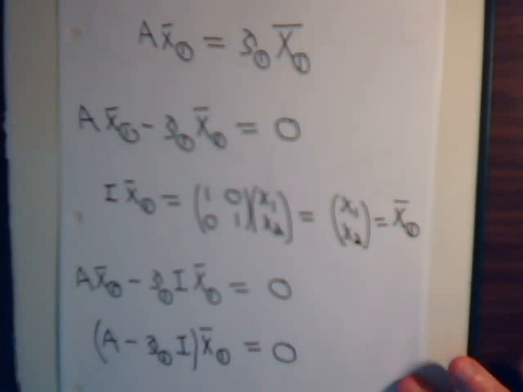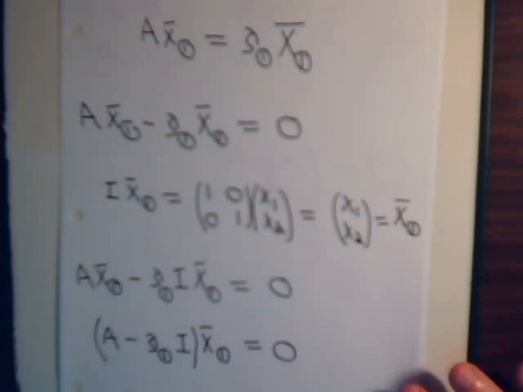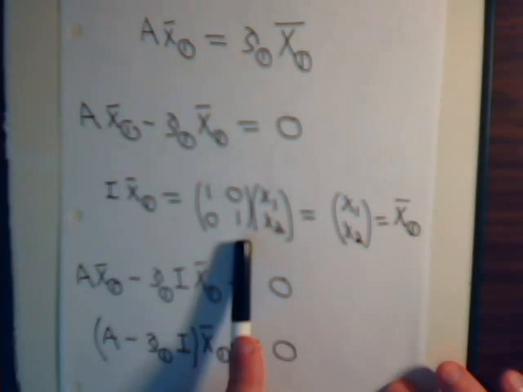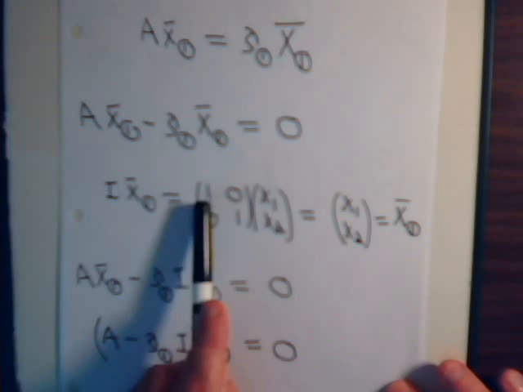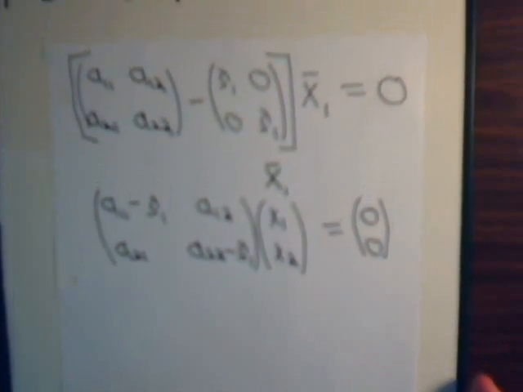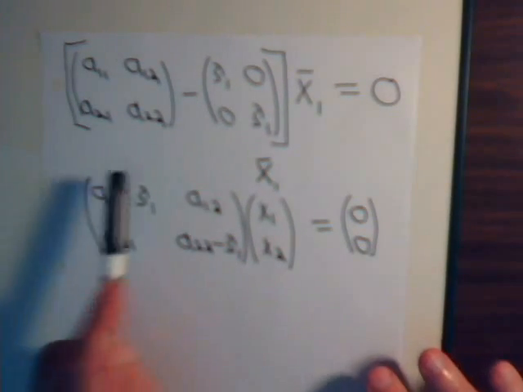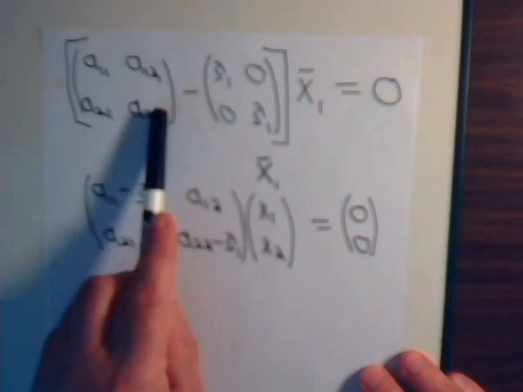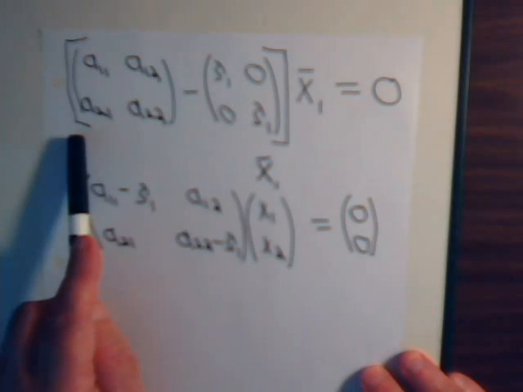And we're going to write this now in component form, but we'll just have a 2-by-2 example in components. So we'll have lambda 1 times this, which will be lambda 1 here, lambda 1 here. So we will have this expression. Here's our matrix in component form.